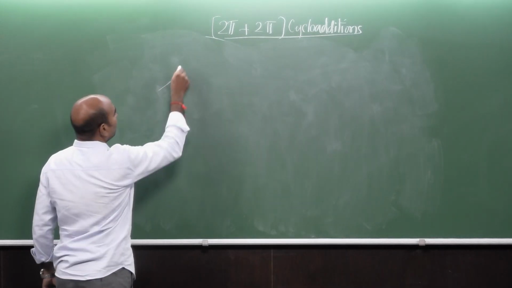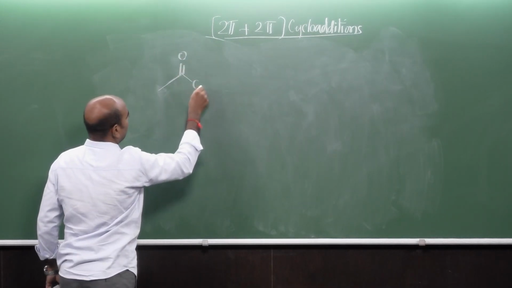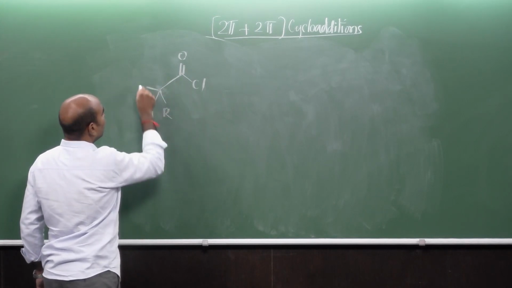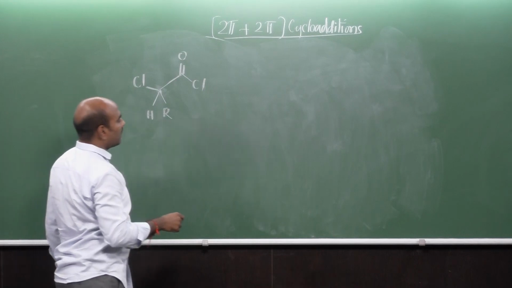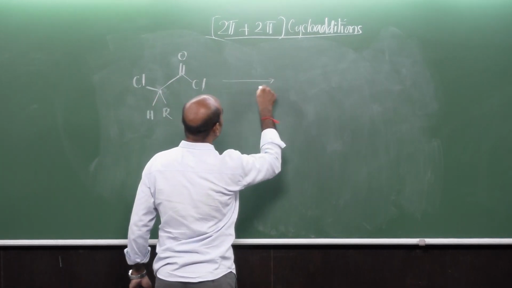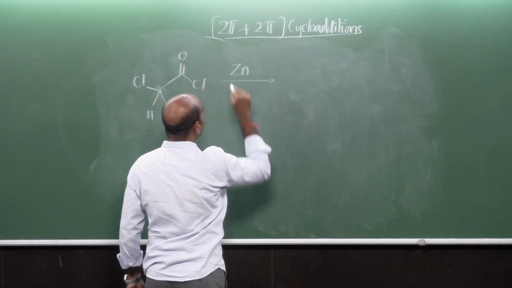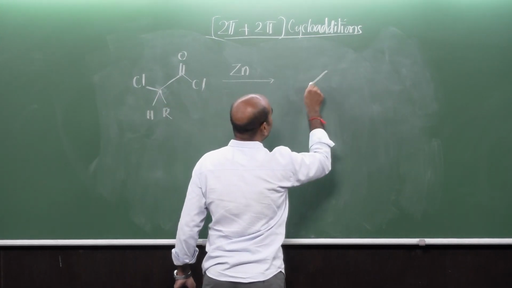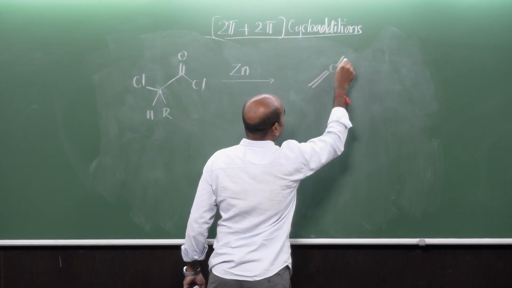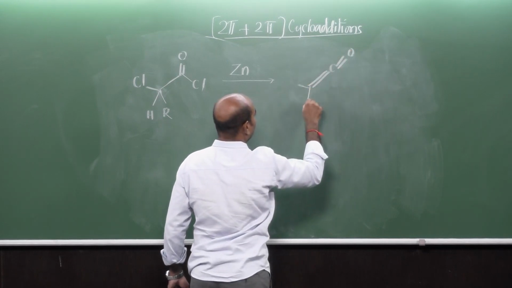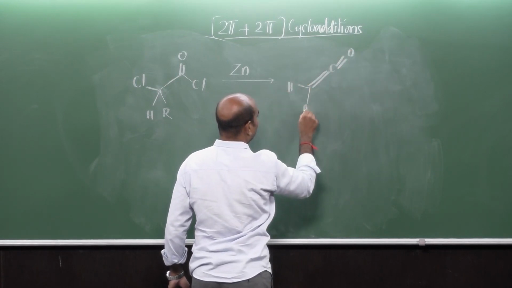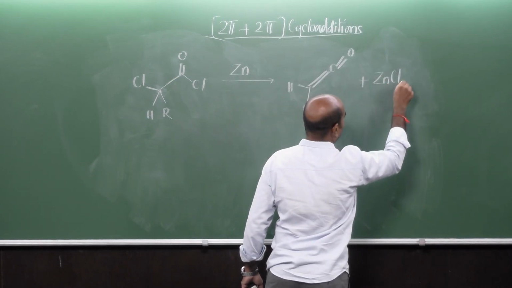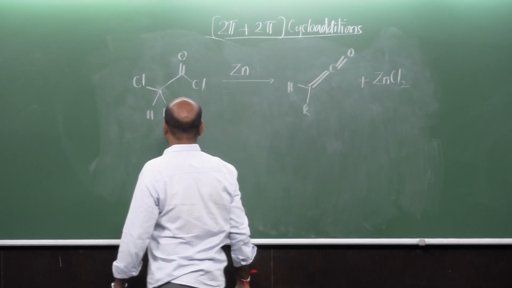So, if you have an acid halide with one more halogen on the alpha carbon atom and treat it with zinc metal, you will be able to see the ketene plus zinc chloride formed.